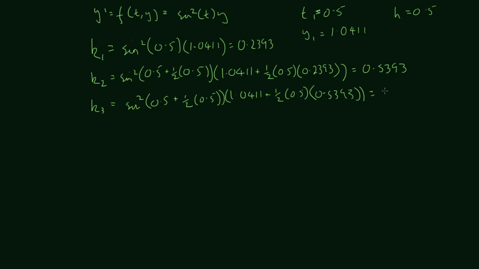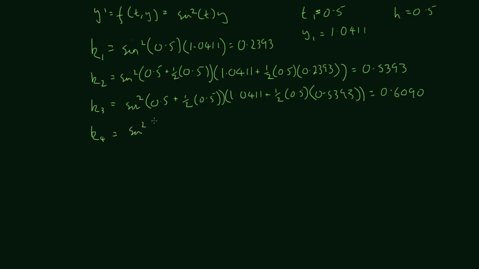If we do that calculation, we have 0.6090. You can see here I'm working all the time to 4 decimal places.